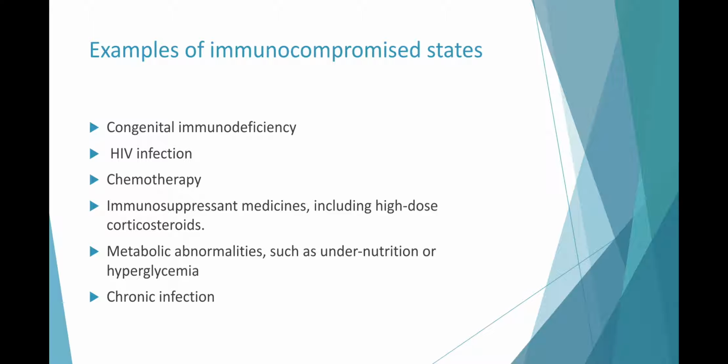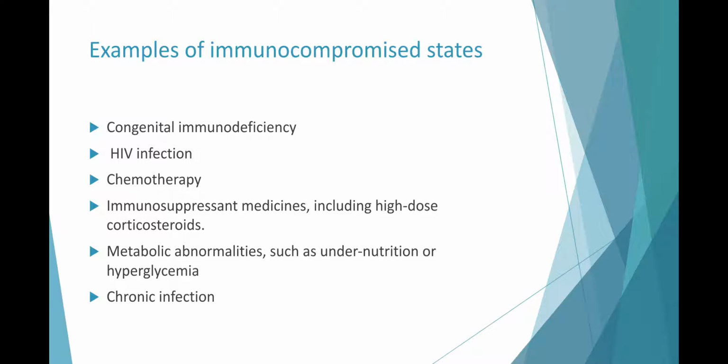HIV infection, for example. When the patient reaches the state of AIDS, which is acquired immune deficiency syndrome, at this stage, it will develop immune deficiency and will be exposed to opportunistic infections.